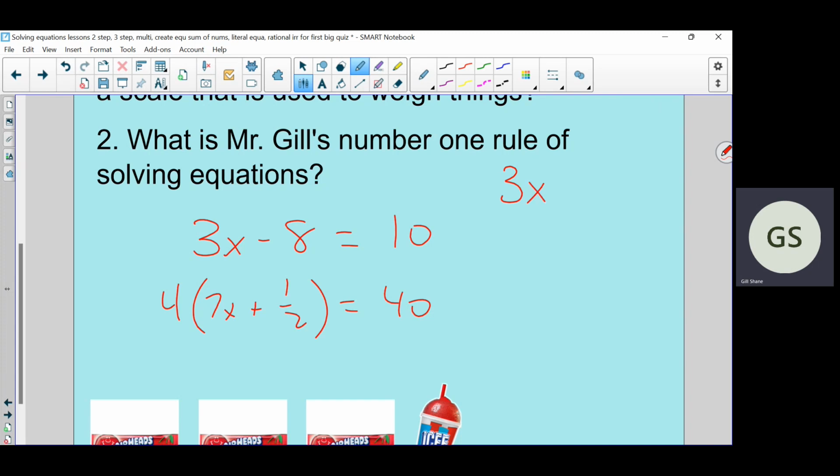What's 3x mean? X is not multiplication. 3 times x. If you haven't committed that to memory yet, you better write it every time I say it, every problem you have that has a number next to a variable. I don't know how you're going to pass this class if you don't immediately know that. It comes up in everything we do, really all year long.